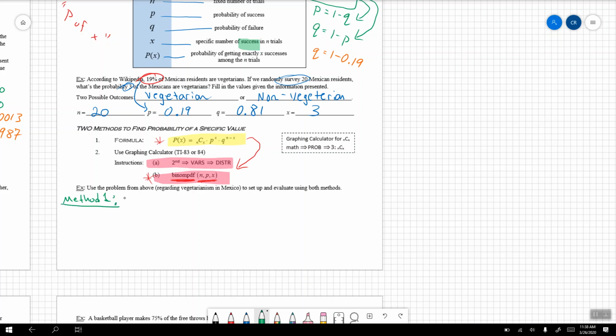With method 1, we're going to use this formula: P of x is equal to n choose x multiplied by p raised to the power of x multiplied by q raised to the power of n minus x. For method 2, this is going to be the preferred method. We're going to use binomial PDF. Again, this is going to be the preferred method here.